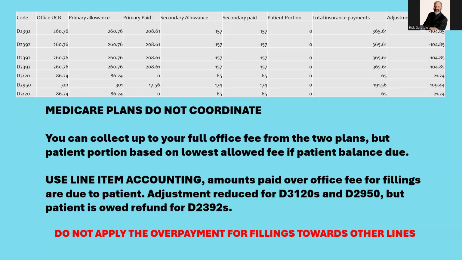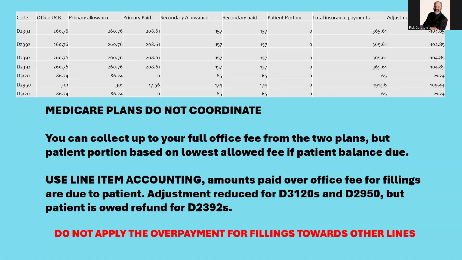However, the secondary we are in network with, and they allow $157. And they paid $157. So now we have a scenario where my office UCR is $260.76, but I've collected $365.61 from the insurance payments.